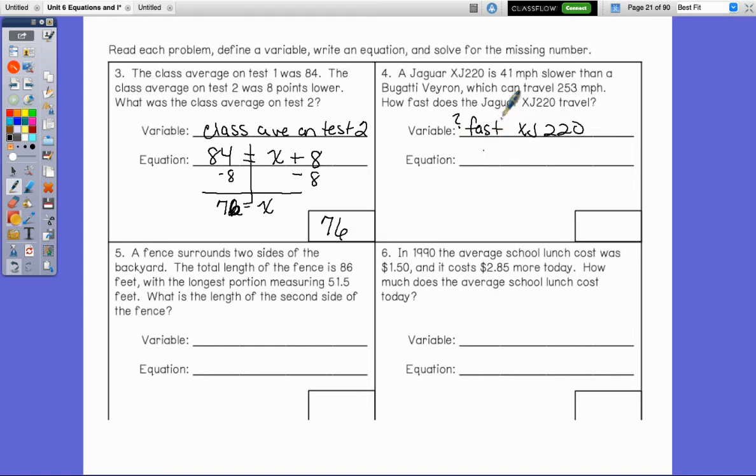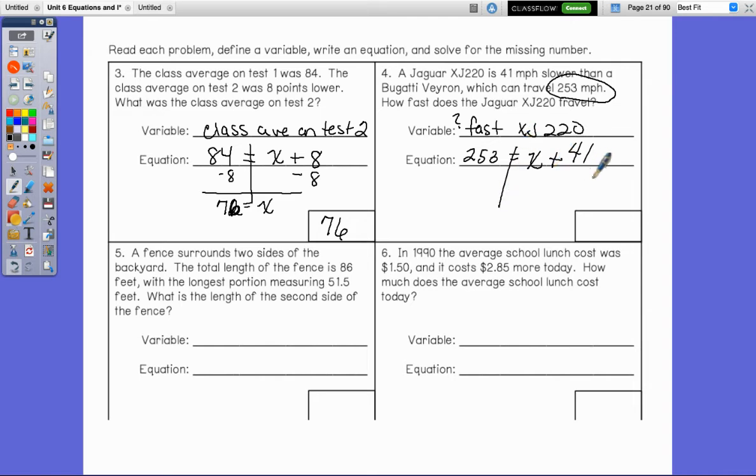And so remember when we're doing this, if it's slower than the Bugatti, I have the speed of the Bugatti, which is 253. That is my answer. And the Jaguar is slower. So I have x plus, because in order for me to get here, it's slower. So I have to add that back in, 41.